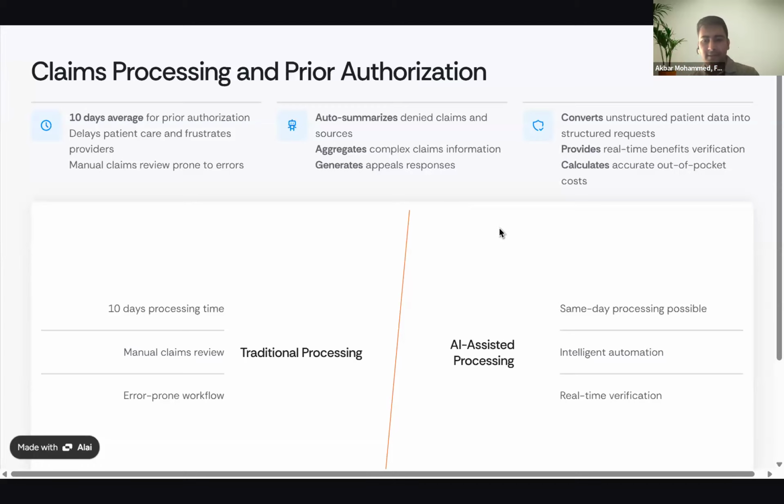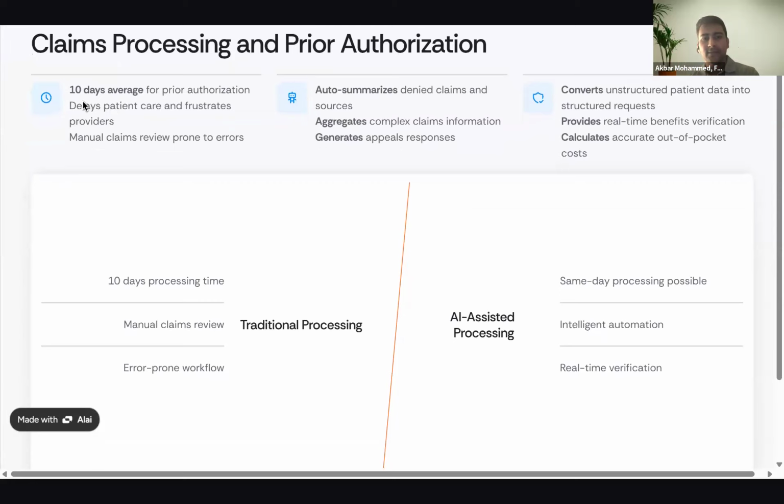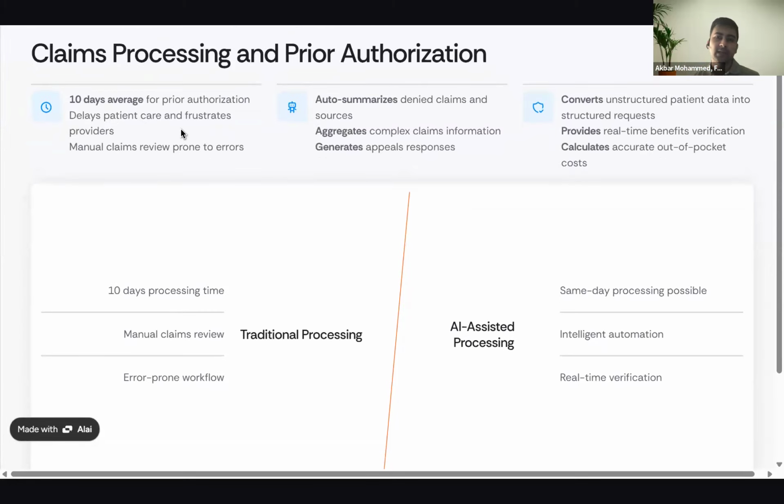Now think about this, right? 10 days doesn't seem like a lot, but if you scale it up to millions of people, you're looking at months, if not years, worth of delays for processing claims. And this is a simple operational benefit, but for healthcare companies and even for providers or care providers, this is a huge benefit.